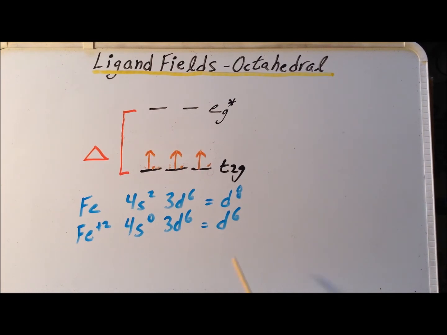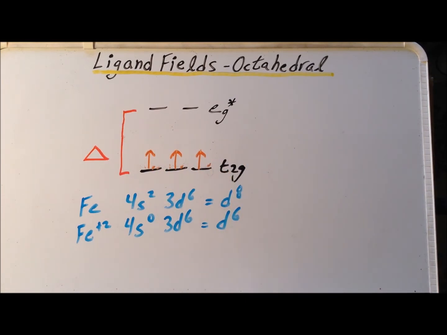The first 3 of our d electrons are allocated exactly as before. So we see that as far as the first 3 electrons go, whether we're in a strong field or a weak field, whether we're in high spin or low spin, it doesn't affect the first 3 electrons.